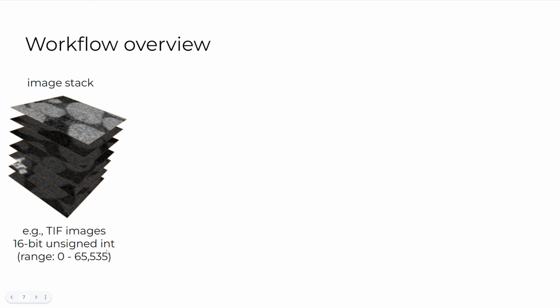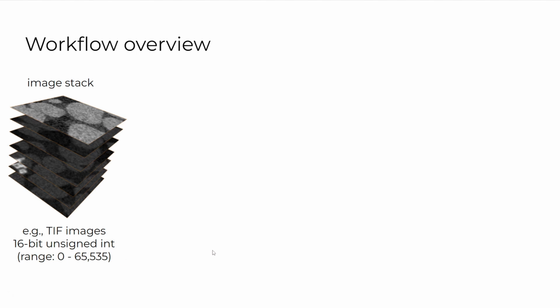This means that pixel values will be in the range between 0 and 65,535. Keep in mind that this is just an example, so your data can have a different format. For instance, you might have an 8-bit unsigned integer per pixel, which will give you a smaller range of 0 to 255.